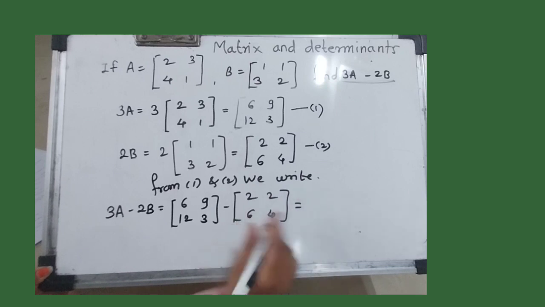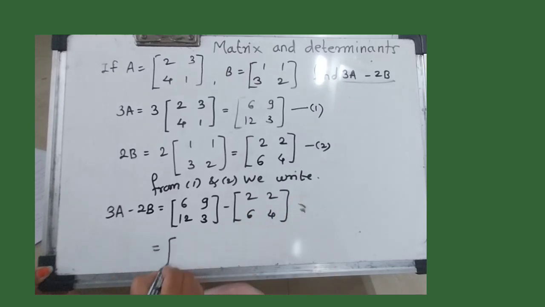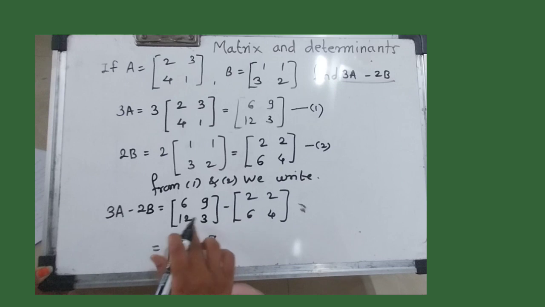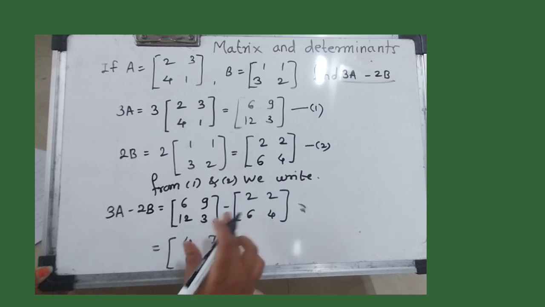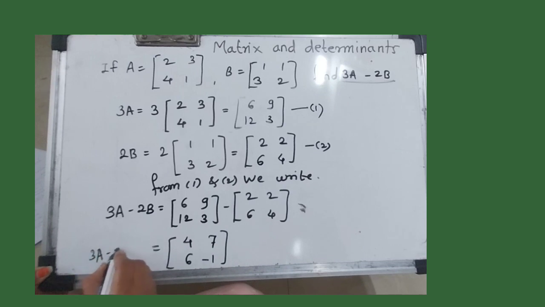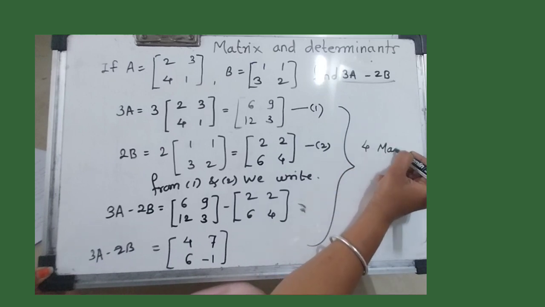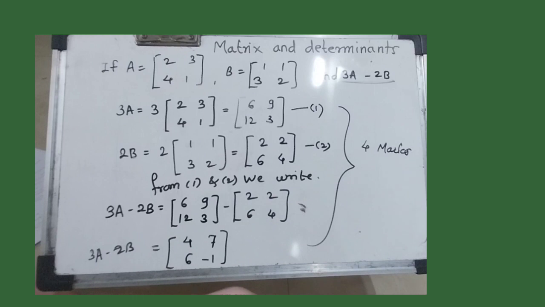Equal to, I write here, 6 minus 2, it is 4. 9 minus 2, it is 7. 12 minus 6, 6. 3 minus 4, minus 1. This is my required answer. This is for 4 marks. See, very simple it is. Asked in the university question. See the type of questions.